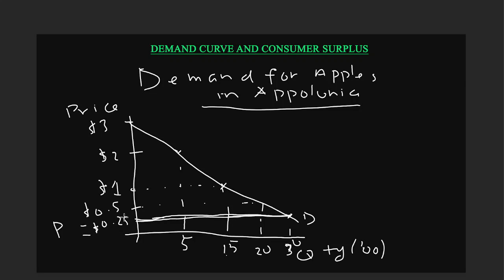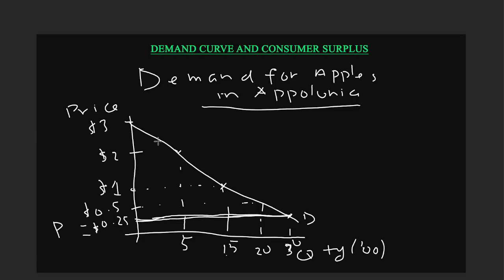But for everyone else that values the apple above 25 cents, they have a consumer surplus. Somebody who valued a unit of apple at $2 and pays 25 cents gets a consumer surplus per unit of 2 minus 25 cents.